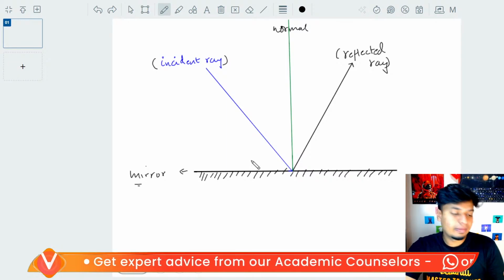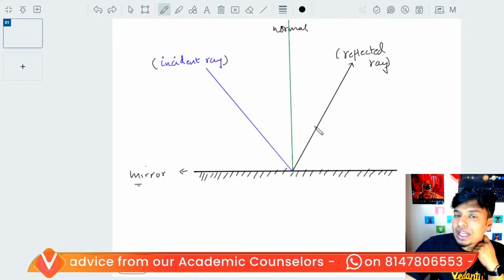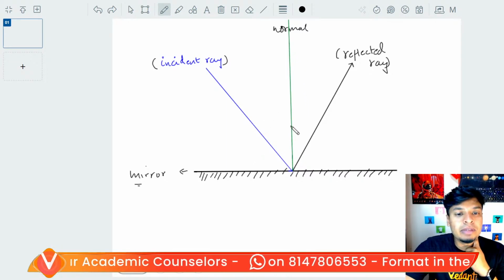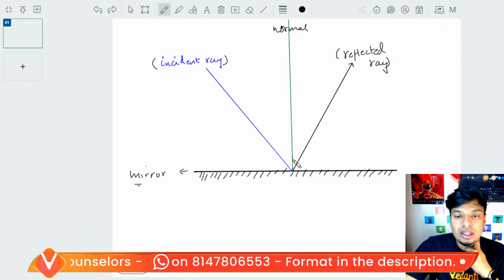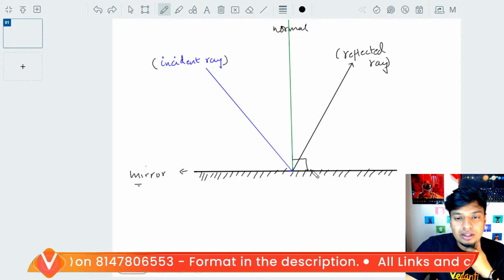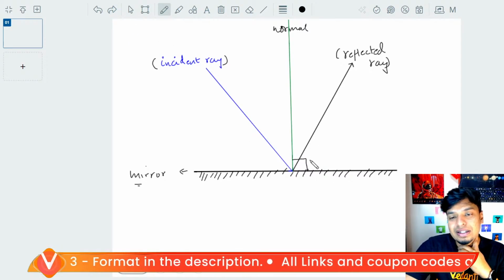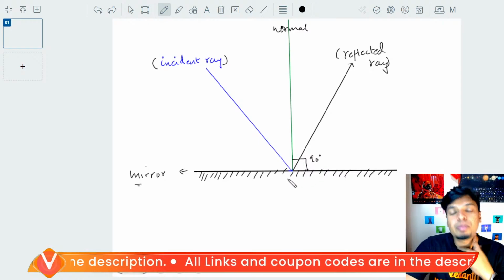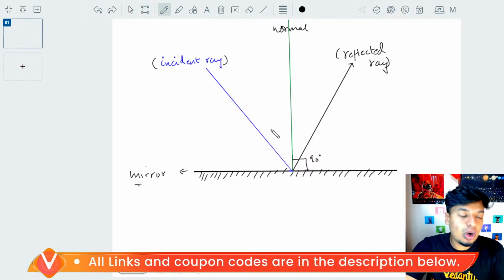The normal ray. Now, we all know that the angle between the normal and the mirror is going to be, this entire angle is going to be how much? 90 degrees, guys, because it's perpendicular. Now let's talk about this angle.